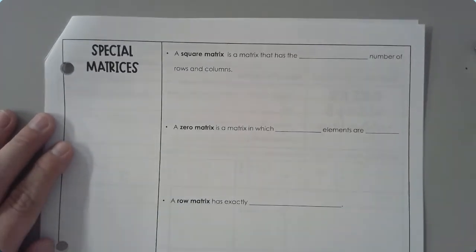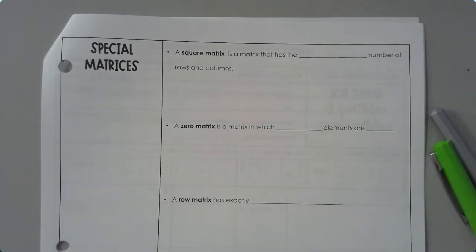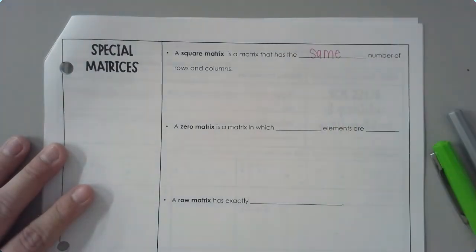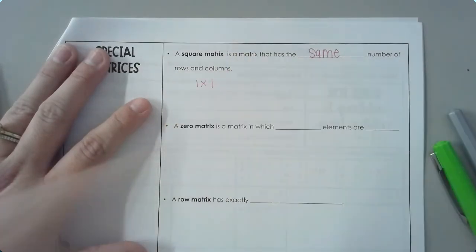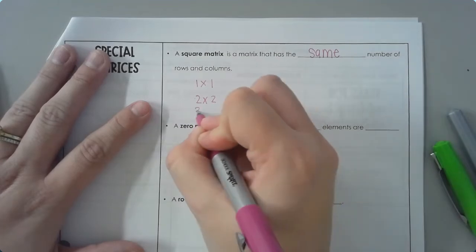So some more just terminology that you need to know. A square matrix. It's a square, so it has the same number of rows and columns. So it might be a 1 by 1. It might be a 2 by 2 or a 3 by 3.